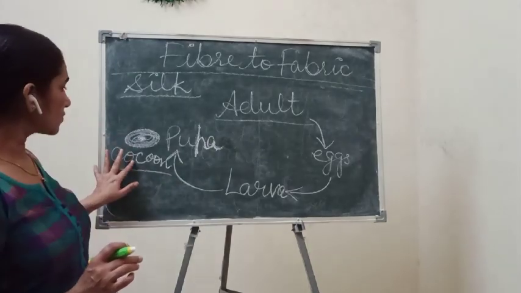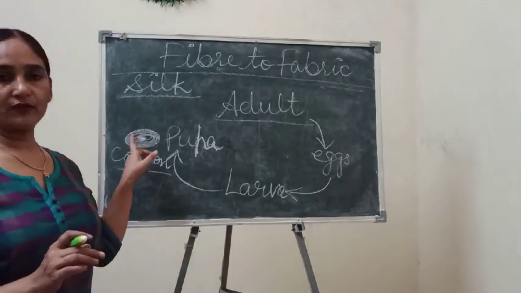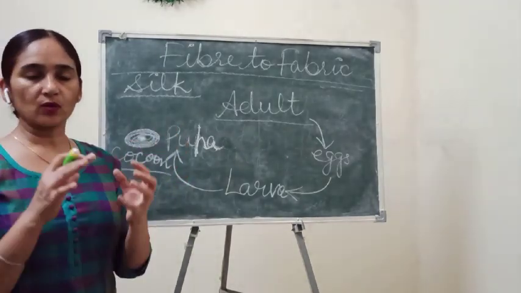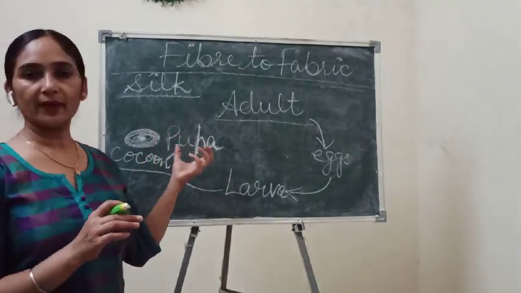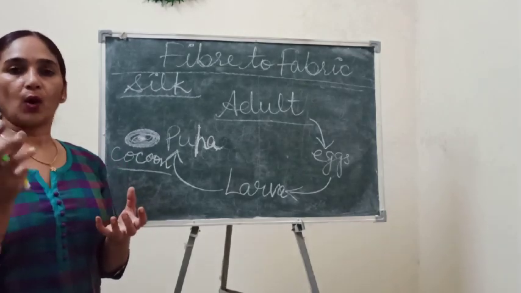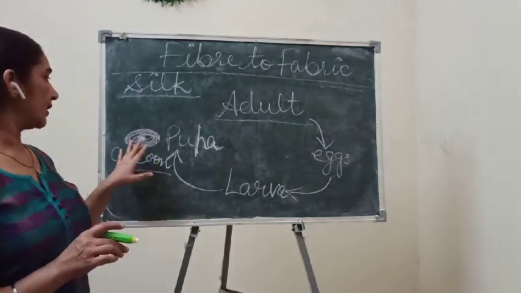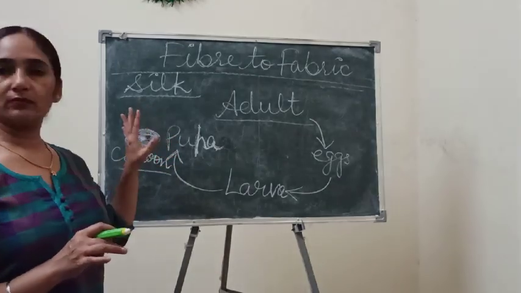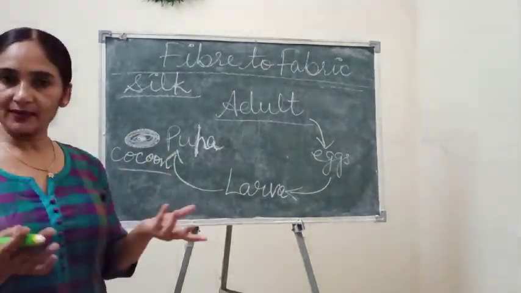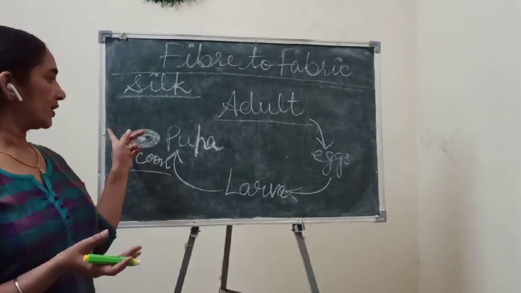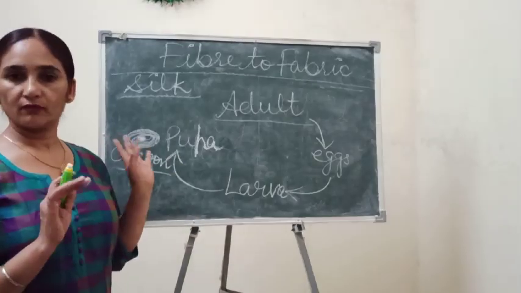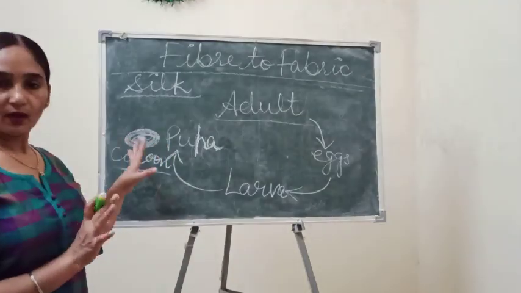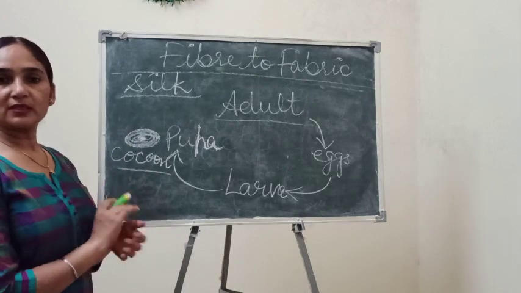Okay, so these cocoons are beneficial for us. We collect all those cocoons from the mulberry trees, and then we boil them. After boiling, we can get these silk fibers from the cocoon. The pupa is killed inside.